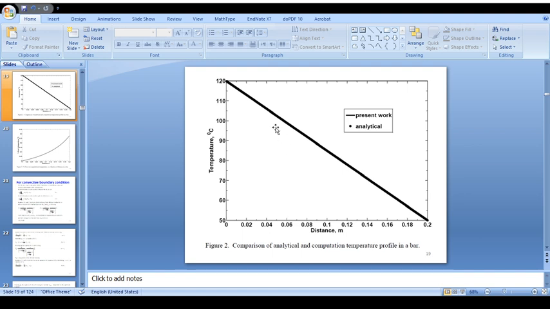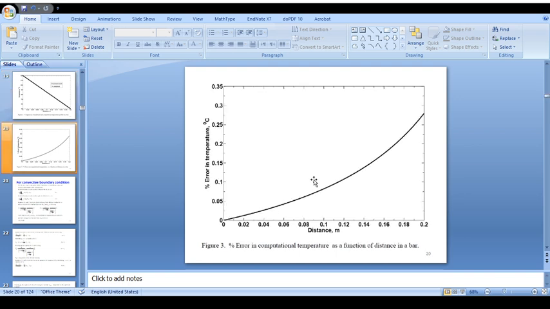These are the calculated and analytical temperature profiles. Practically you see there is no visual difference from here, but if you calculate the percentage error in temperature, the highest error is nearly 0.025%. So that's not a high percentage.